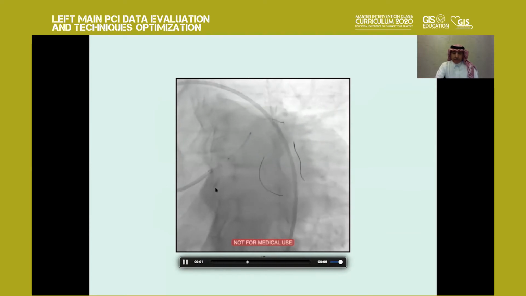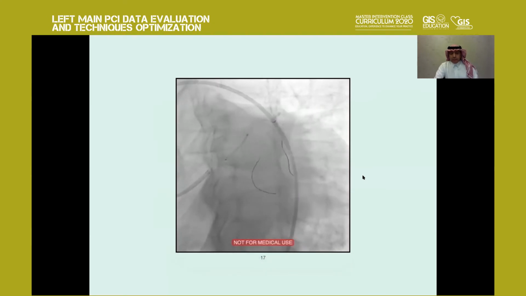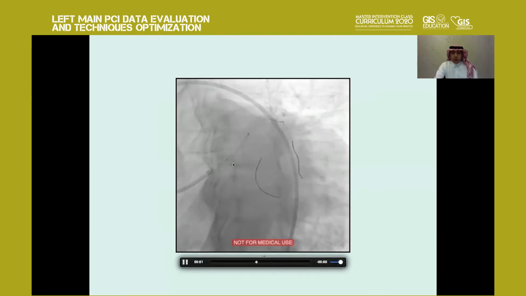And then I went with the stenting of the left main, because I just wanted to make sure that this left main opens. So I put the stent in the left main, overlapping with the previous stent in the proximal LAD.